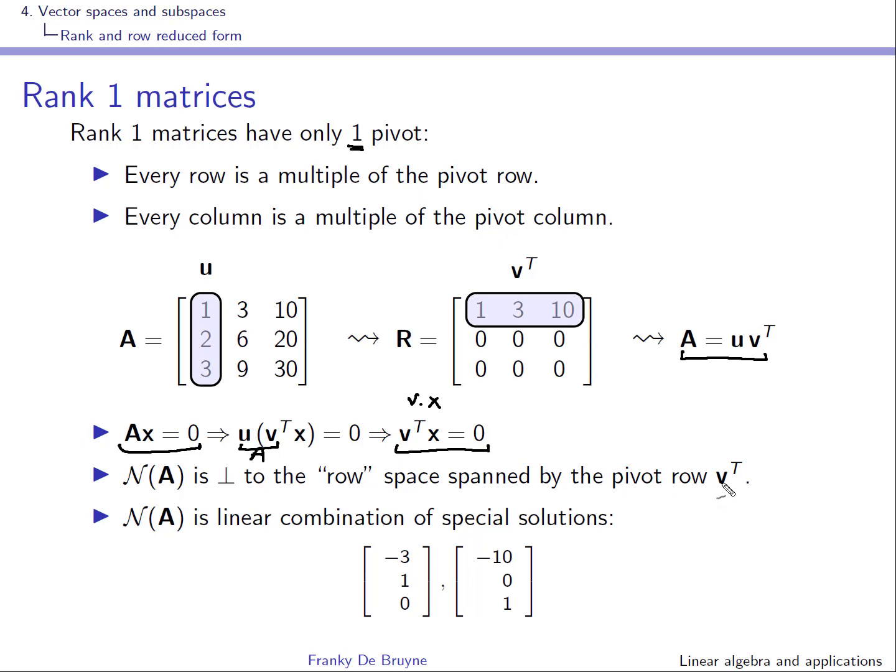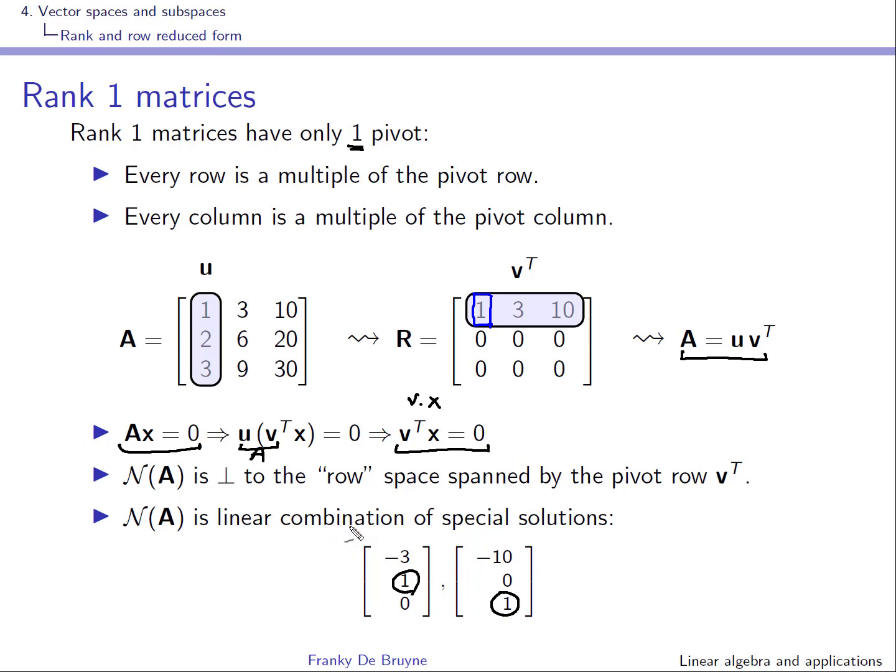We can, of course, compute the special solutions. We have here our pivot. So x1 is the pivot variable. x2 and x3 are free variables. So in this solution over here, we have fixed x2 to 1, and we find x1, and in this one we have fixed x3 to 1, and we have found x1.